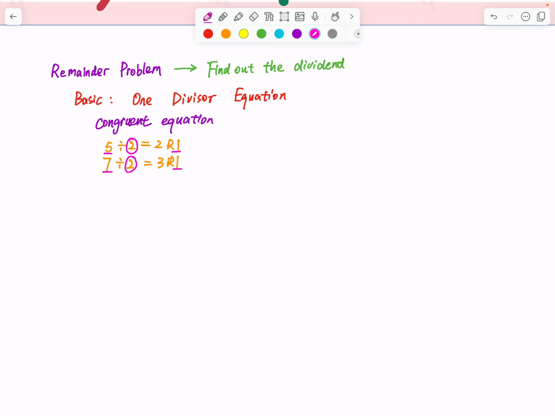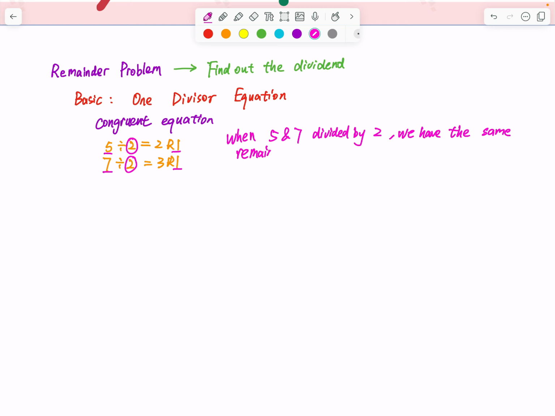That means when 5 and 7 are divided by 2, we have the same remainder.